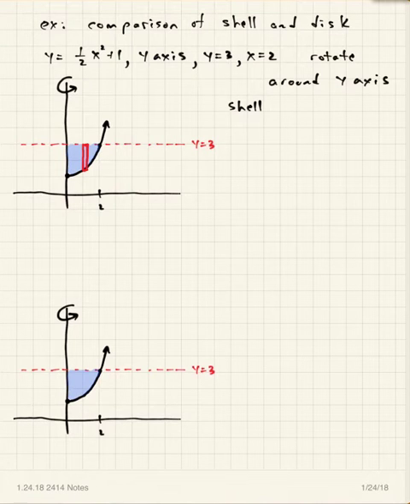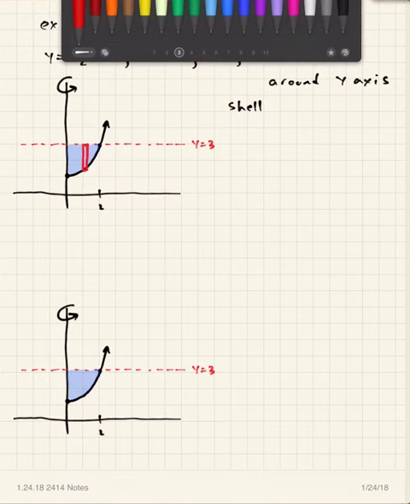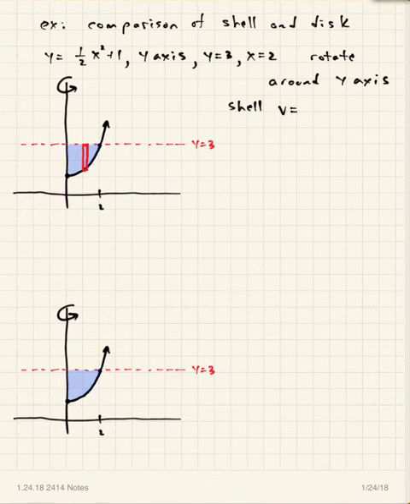You have to label or find r and h to set up the shell method. The general form is volume equals the integral from a to b of 2 pi r h dx in this case, because it's a vertical rectangle. Remember, vertical rectangles, you're integrating with respect to x.